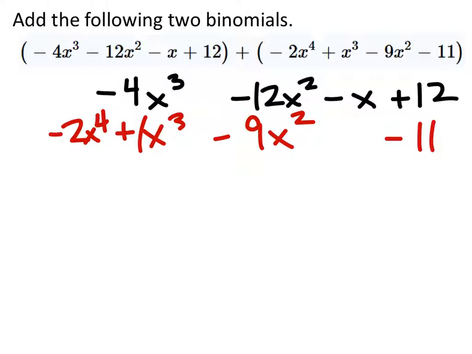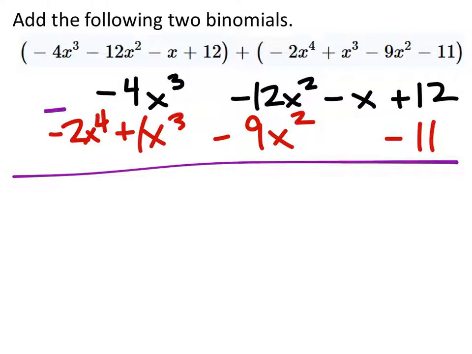I've separated these with spaces on purpose, and now we're just going to add together each of the like terms that we have. There's no negative 2x to the fourth to combine with, so it just remains. Then we've got negative 4x cubed plus the 1x cubed, which leaves us with negative 3x cubed.